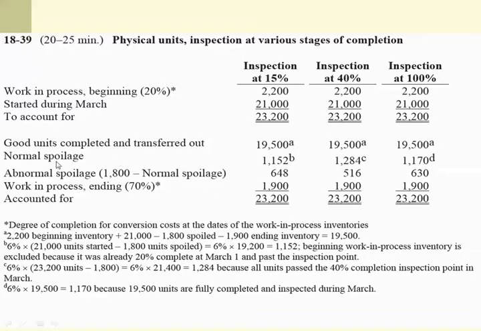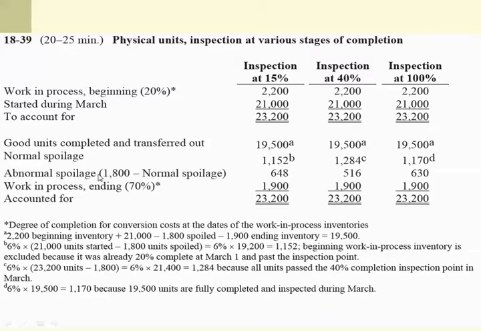Normal spoilage is calculated as 6% multiplied by 21,000 units started minus 1,800 units spoiled, equals 6% multiplied by 19,200, equals 1,152 normal spoilage.